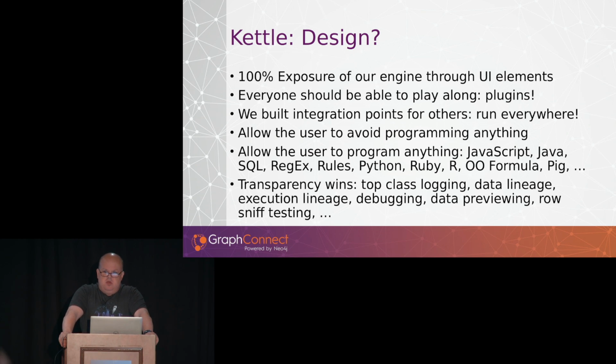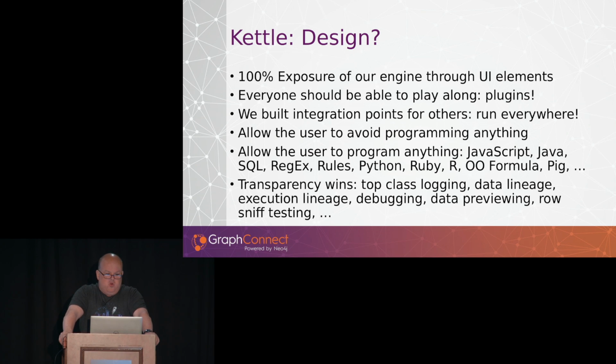Everything in the architecture of the tool is pluggable, so everybody can write their own plugins, usually in Java. We built integration points for others, so that you can run this piece of Java code or this engine anywhere you want, in your own web application or whatever.